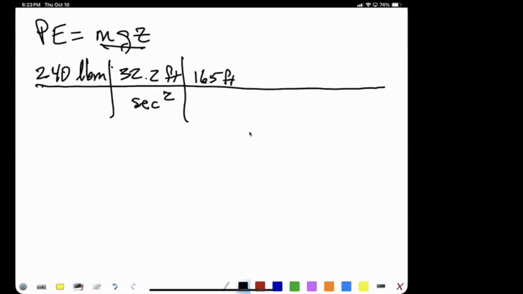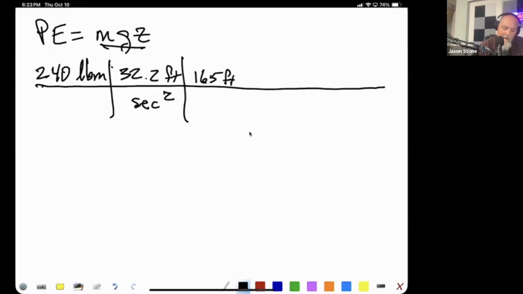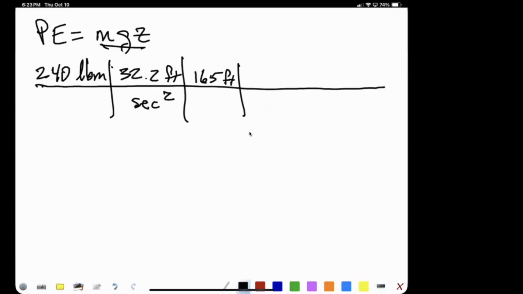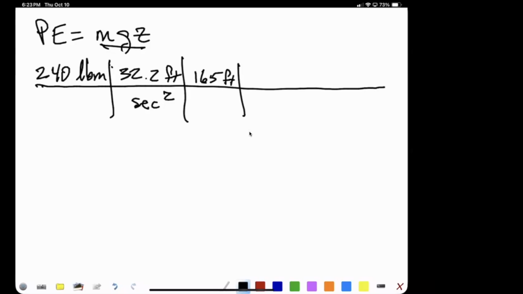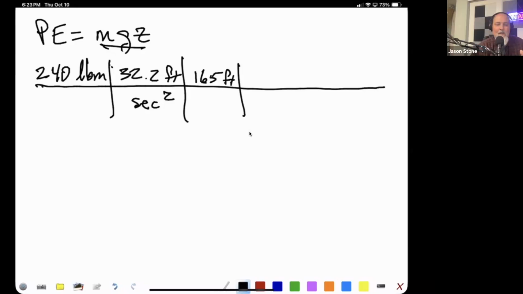So we need a conversion factor, and our conversion factor is 32.2. It's the same as gravitational acceleration, but all it does is say that every pound mass of accelerated mass is equal to 1 pound force. That's all it says. But you can't just say 1 pound mass equals 1 pound force because your units don't work out.